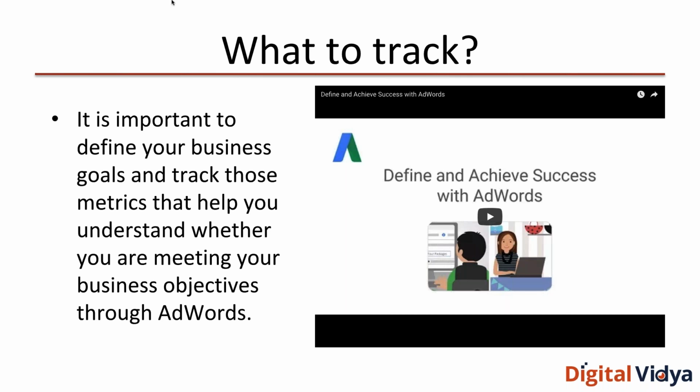Also, what to track, that's also an important thing, because AdWords, being the kind of product that it is, gives you options to track a wide variety of metrics. Not everything might be relevant for all advertisers at a particular point in time. So what you decide to track assumes importance for it to be relevant to you.